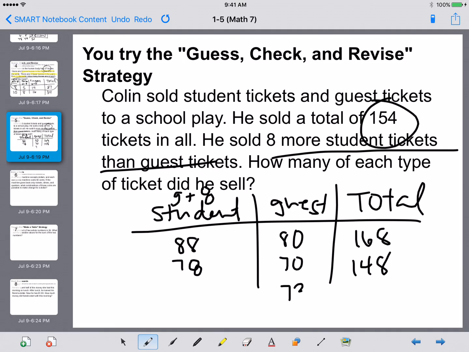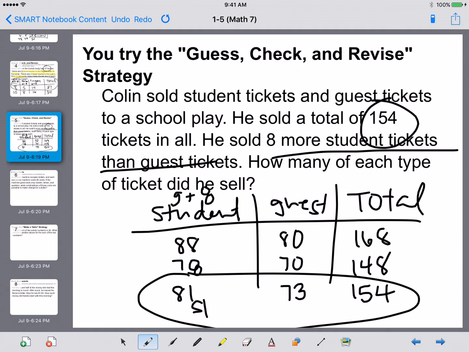So we're going to go 73. 73 plus 8 will get us 81 student tickets. 80 plus 70 is 150. 3 plus 1 is 4. Perfect, 154. So there's 81 student tickets and 73 guest tickets that were sold.